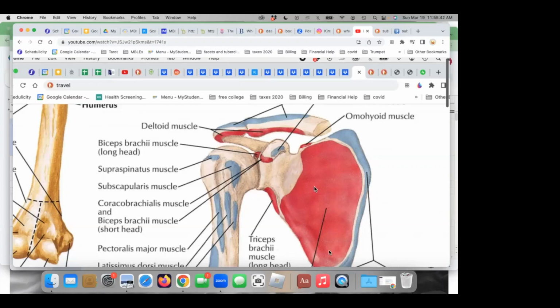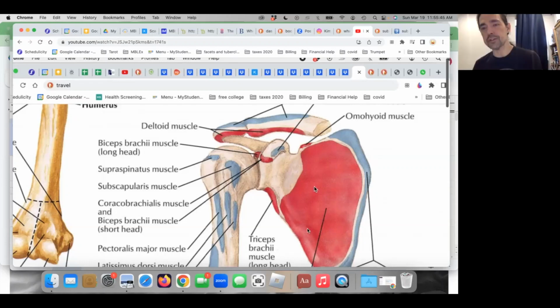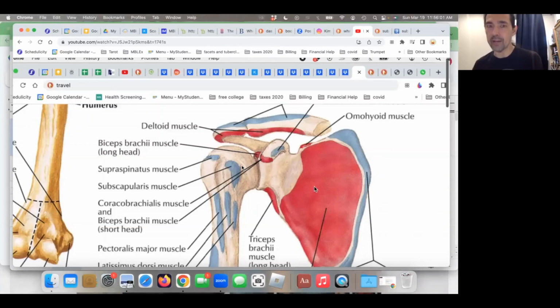This looks more like a concave surface than a convex surface. So here's the front of the scapula, the anterior face of the scapula. And this joint here, the glenoid, should look like it's facing a little bit to the front. It faces laterally and then about 30 degrees to the front.